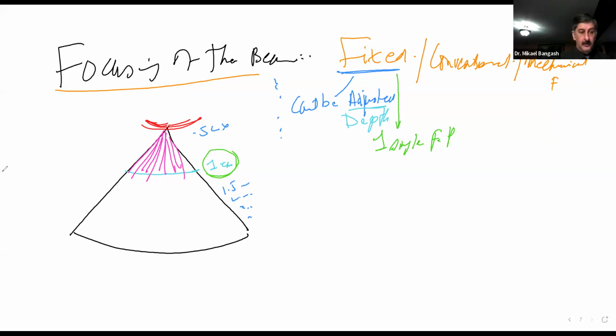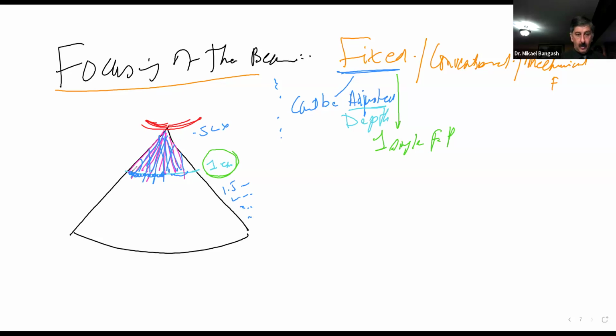But what we mainly mean by a fixed focal point or focal depth here is that it's only going to be focused at one point. Each beam, as they travel, will reach their narrowest point at the same depth throughout the image. Because we have one beam here, another beam here, another beam here, like this.